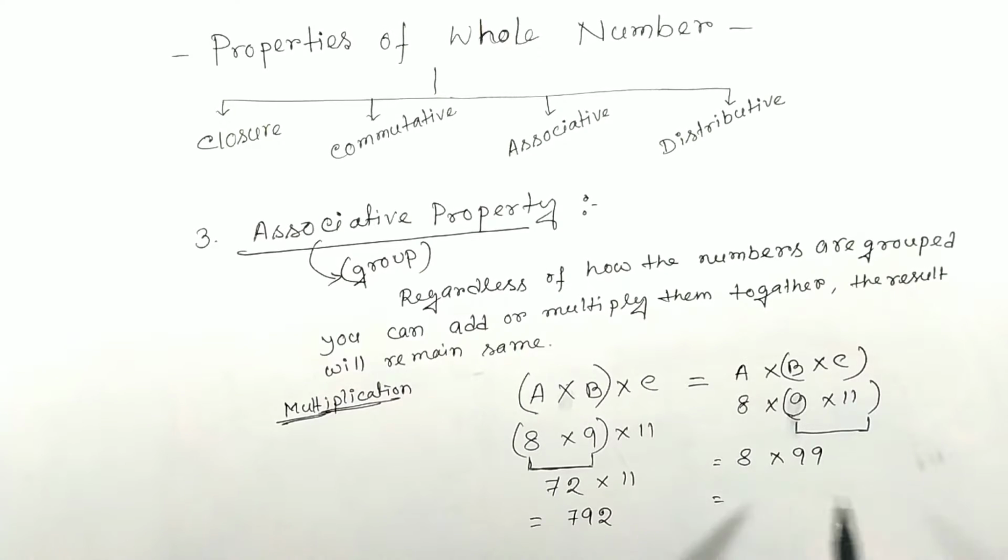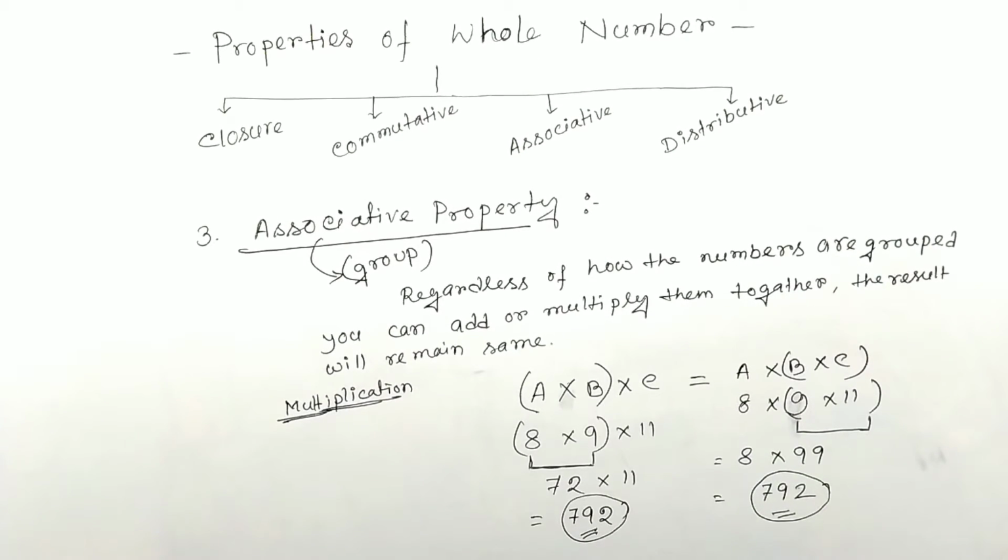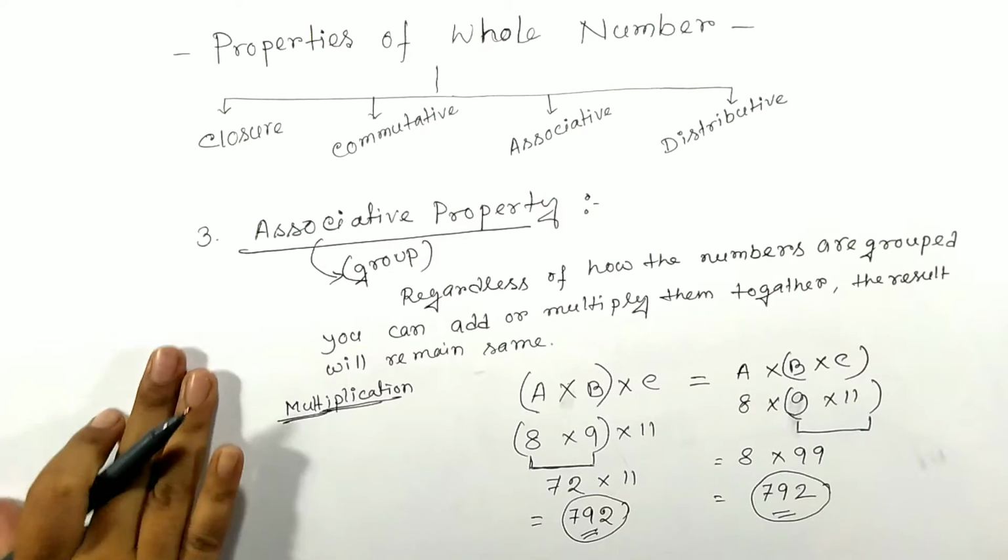Now calculate the multiplication 8 into 99. 8 nines are 72, so 7 is carried. 8 nines are 72 plus 7, that is 79. So in both cases you will get 792. That means multiplication also follows the associative property.